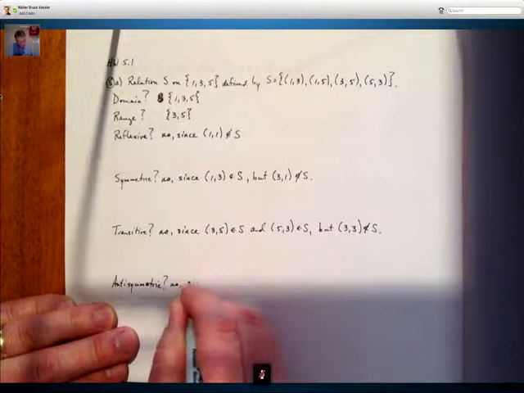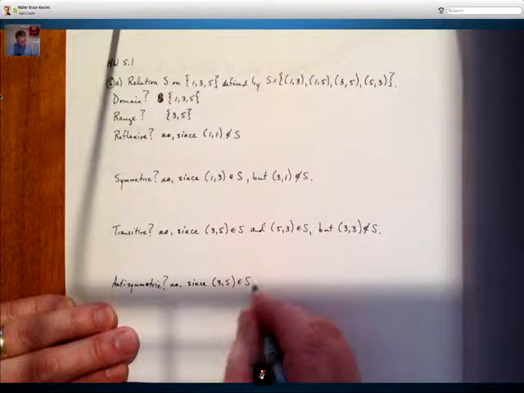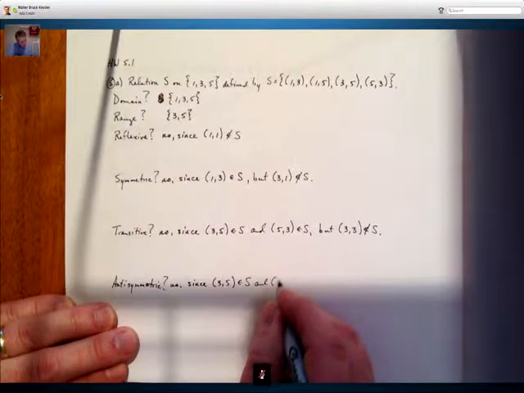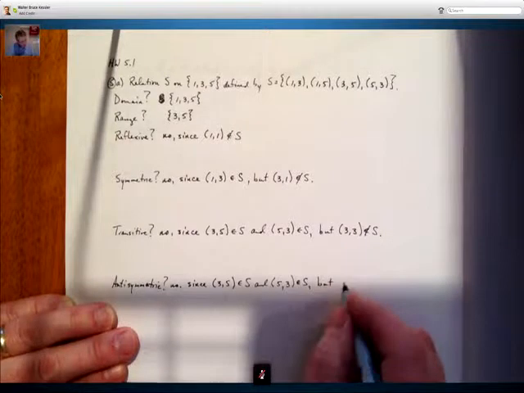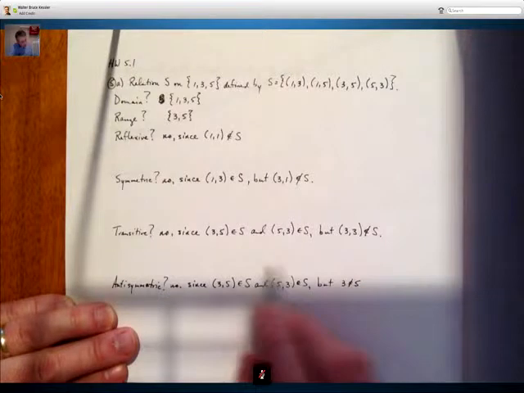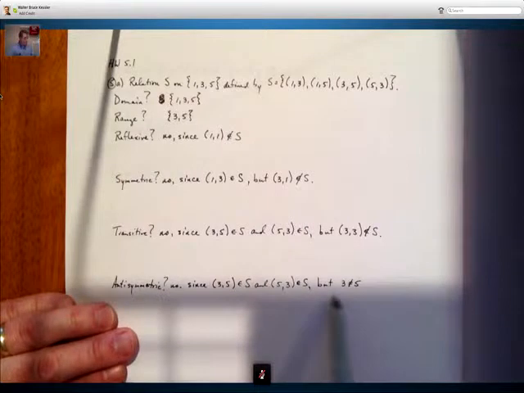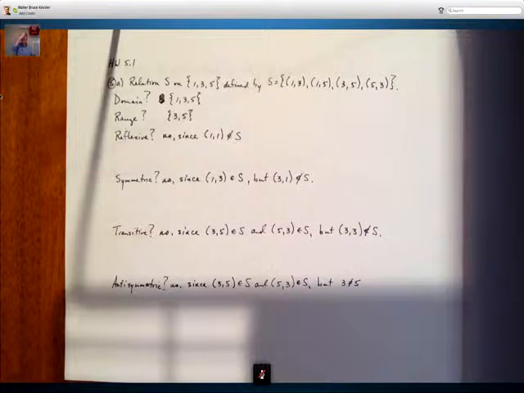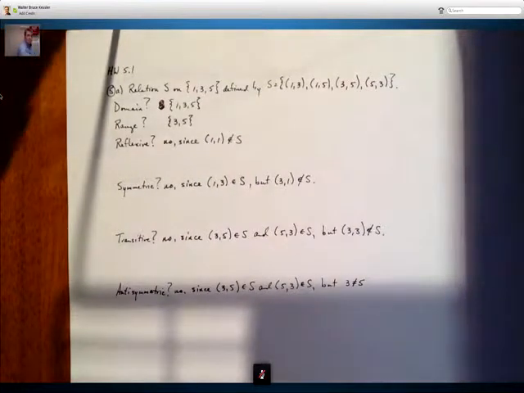No, since 3, 5 is in the relation, and 5, 3 is in the relation, but 3 is not equal to 5. Now this is different than these other things, right? This then part has nothing to do with the relation itself. It's just saying that those elements have to be equal, and in this case they're not. Okay, so that's 5A.